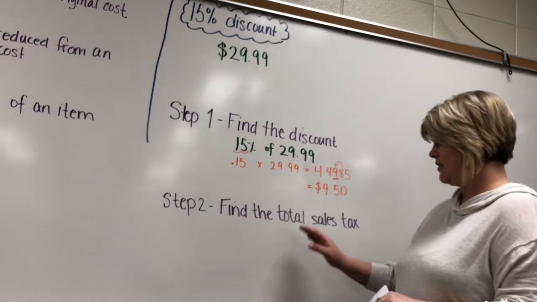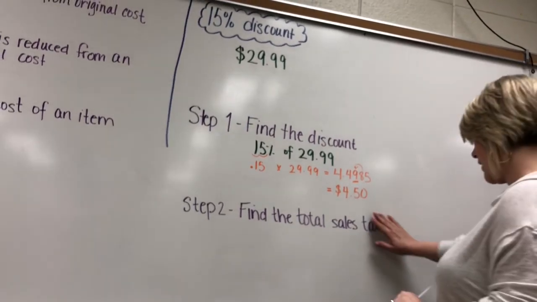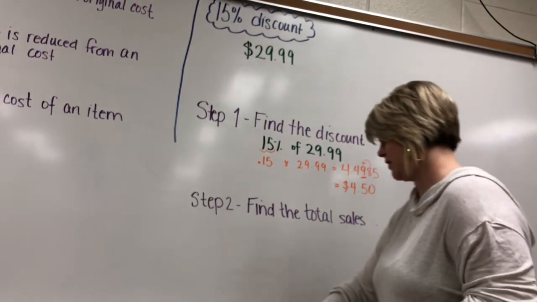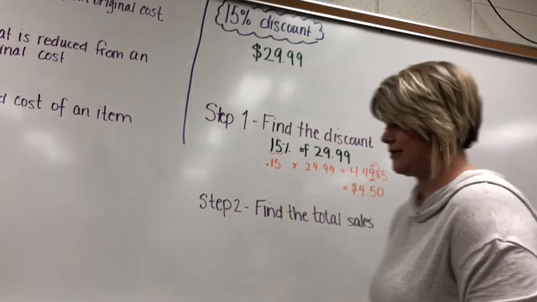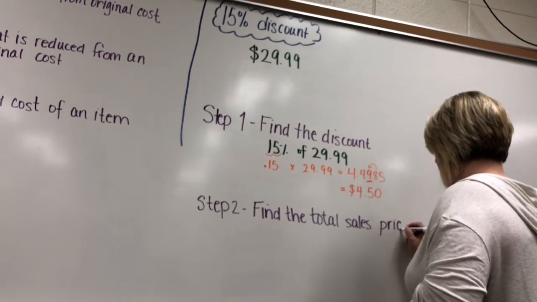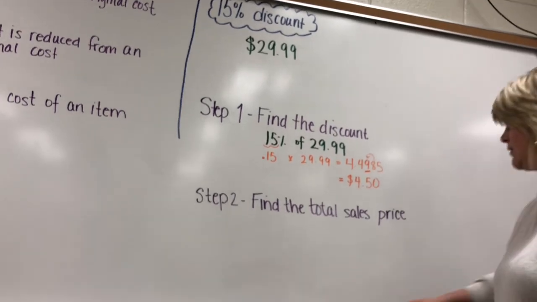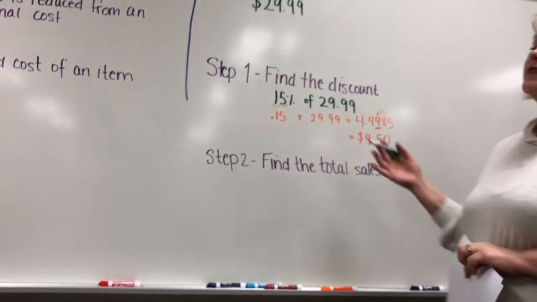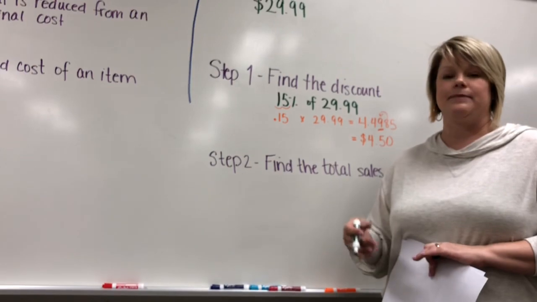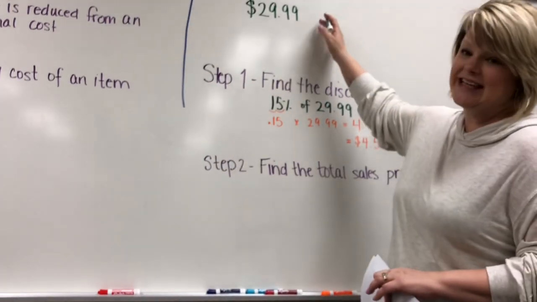So then the second step is to find the total. I put sales tax. I'm going to erase that here. It's sales price. I'm not looking for tax right now. The total sales price. So in the last ones, because we were looking at tips and taxes and commission, we would add it. But this is a discount.